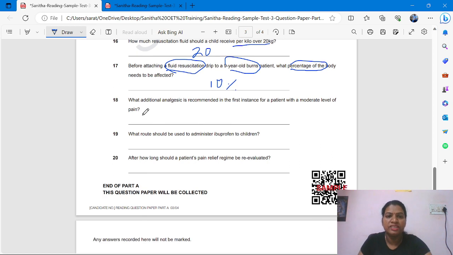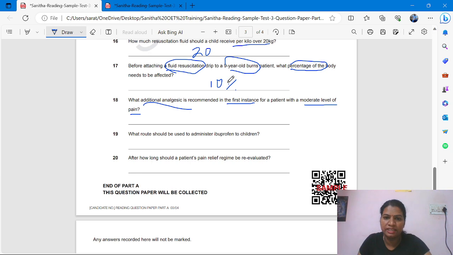Okay. What additional analgesic is recommended? What additional analgesic is recommended in the first instance for a patient with a moderate level of pain? If it is a moderate level of pain, what analgesic?